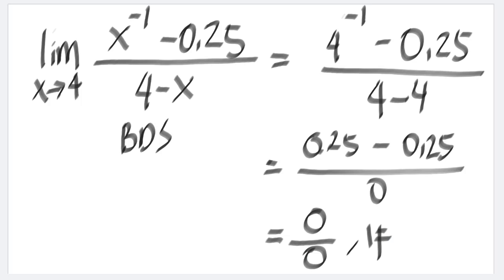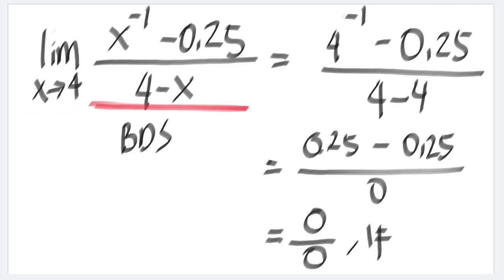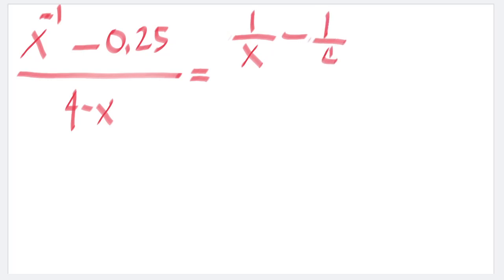So we'll try now to factor this function first. This one. So that would be x raised to negative 1 minus 0.25 over 4 minus x. This is equal to, of course, x raised to negative 1 is 1 over x. And I'll just have to convert them all to fractional form.